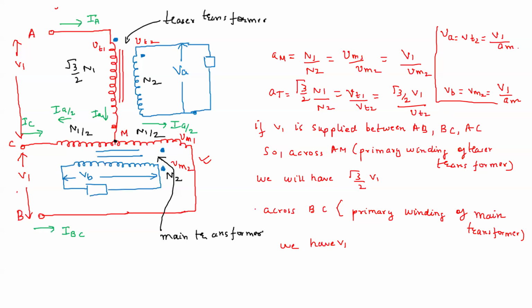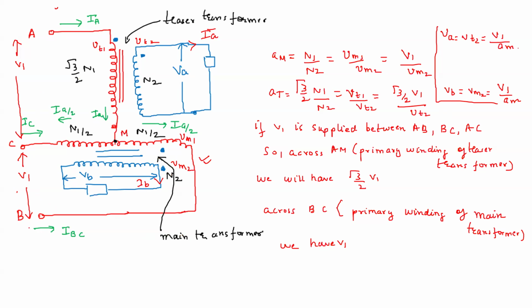Now let us see the currents. Let us find out what about the currents. If we say the secondary side current here is IB, and this current is IA. So what about these currents, capital IA, capital IC, capital IB?